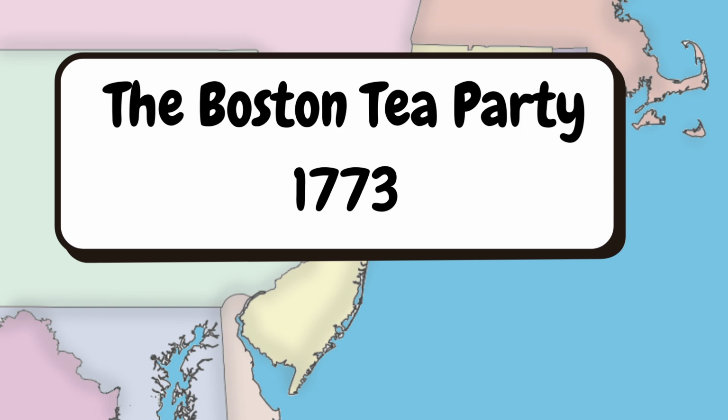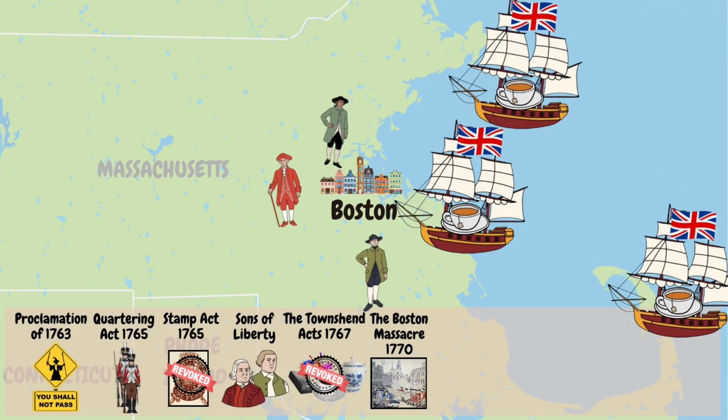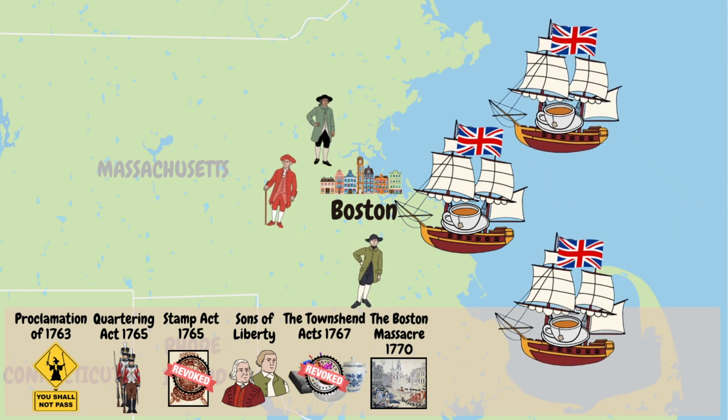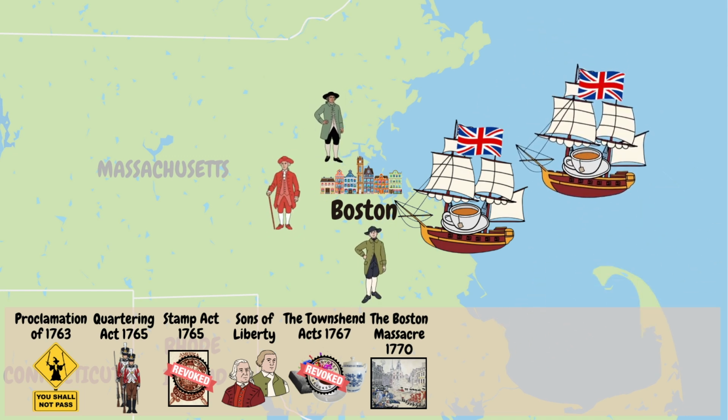The Sons of Liberty were now going as far as refusing to let ships dock, and they wouldn't let them unload their tea. Their next step had huge consequences. They dressed as Native Americans. They rowed out to 3 ships, the Dartmouth, the Eleanor, and the Beaver, in Boston's harbor.